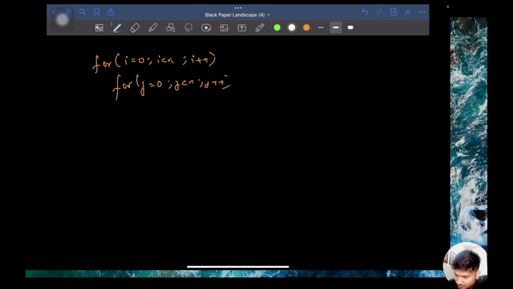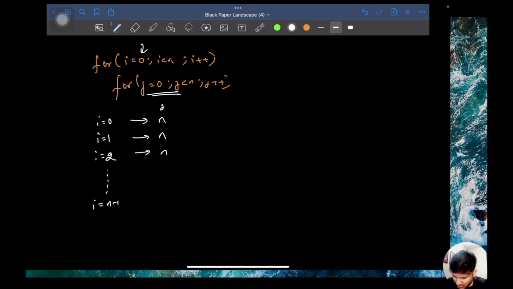Now just think about it. For every value of i, when i is 0, the inner loop of j goes n times. Then when i is equal to 1, the inner loop of j goes approximately n times. Of course, there will be 1, 2, 3 extra instructions, but 3n is approximately n only. For i equal to 2, again the loop of j will go n iterations, and so on.